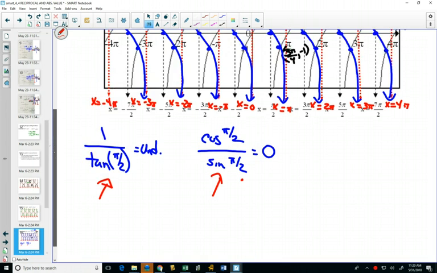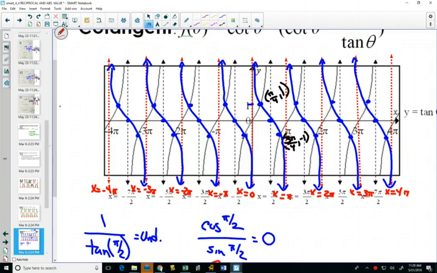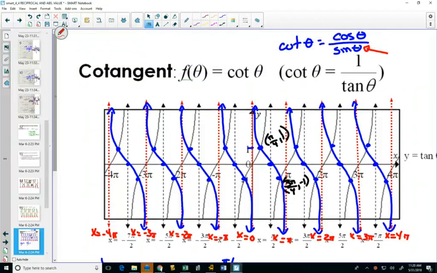So normally, yes, with a reciprocal graph, in this situation, we should have a horizontal asymptote. And so cotangent is the exception because the graph of cotangent technically is this. They're saying cotangent does exist at pi over 2.